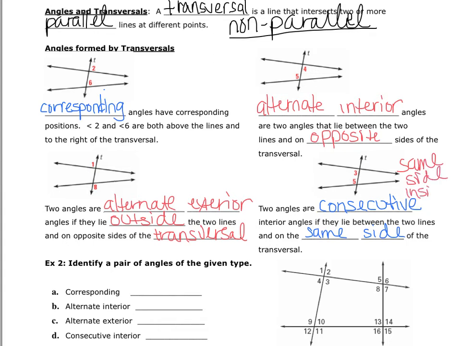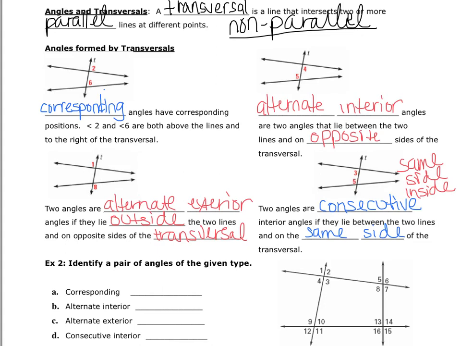If you look at them, they're inside the lines and they're on the same side of the transversal. And again, consecutive, think about when a sports team wins championships back to back. That's called consecutive championships. They're one right after the other.